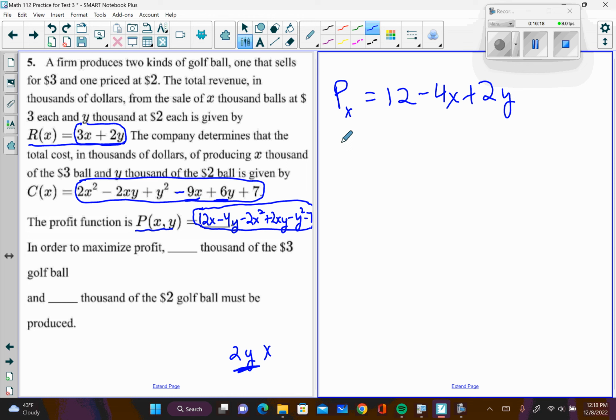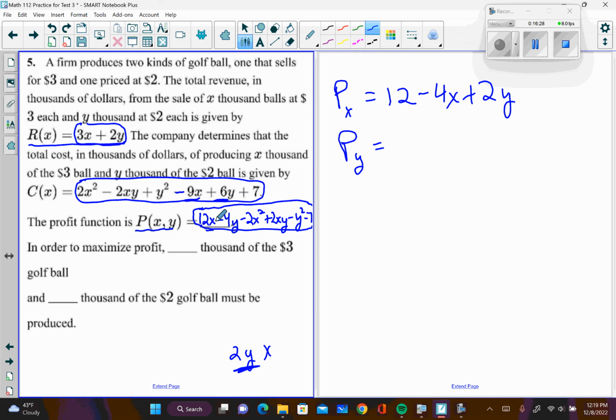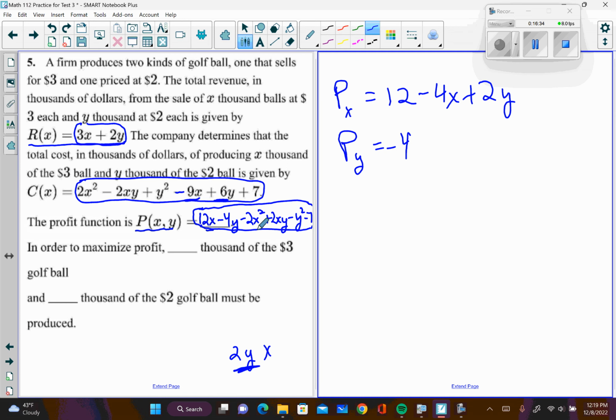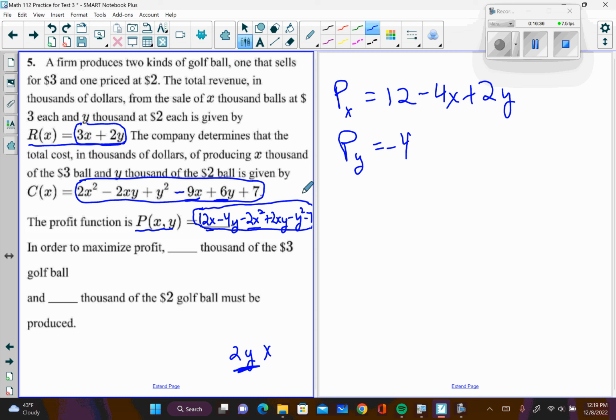We also need the partial derivative of the profit function with respect to y, so we're going to treat x as a constant. That means the derivative of 12x will be 0. The derivative of negative 4y is going to be negative 4. The derivative of negative 2x squared is 0.